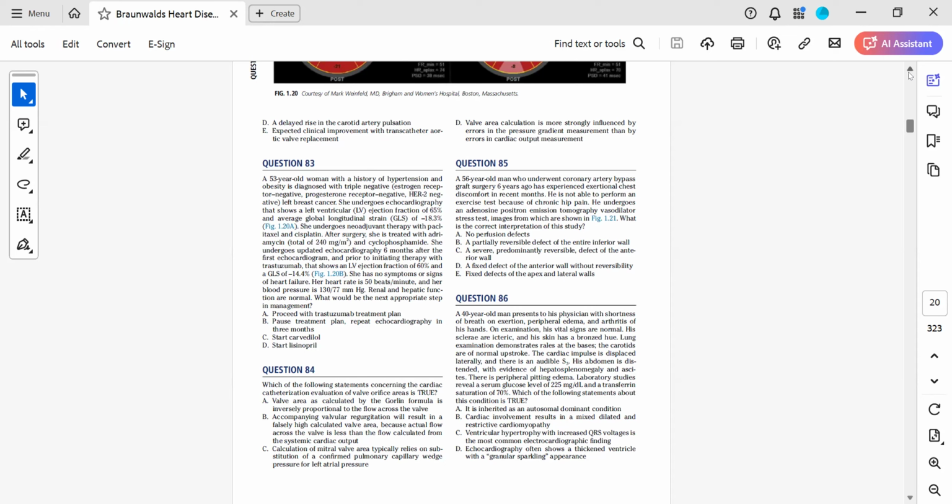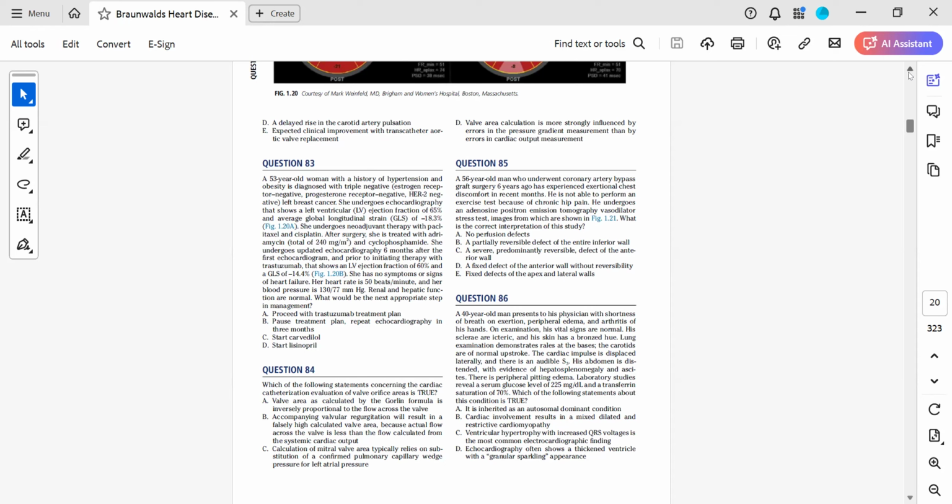Then for the C option, calculation of the mitral valve area typically relies on substitution of a confirmed pulmonary capillary wedge pressure for left atrial pressure. So during cardiac catheterization, the pulmonary capillary wedge pressure, when it is obtained, is assumed to be the same as, or a reflection of, the left atrial pressure.